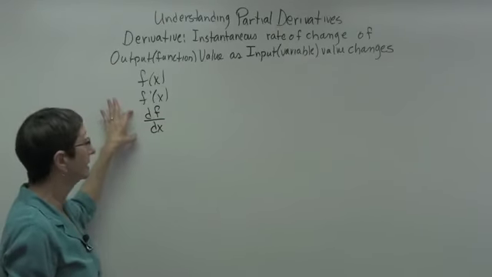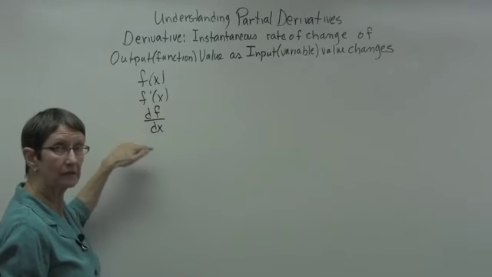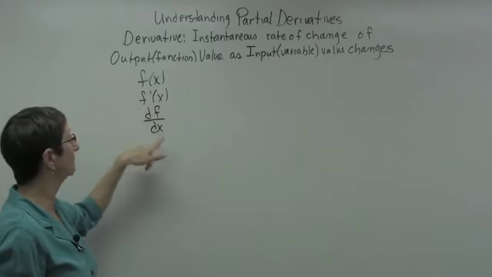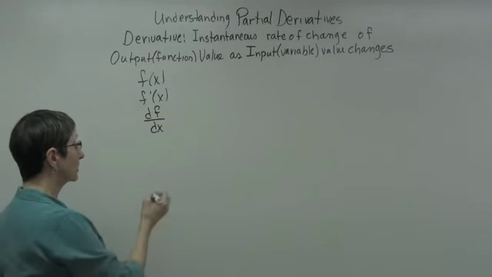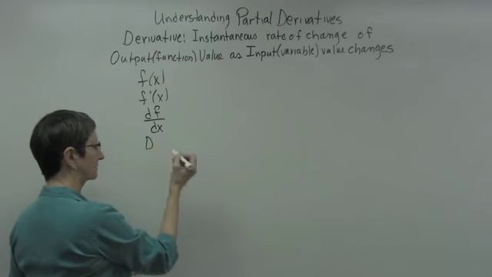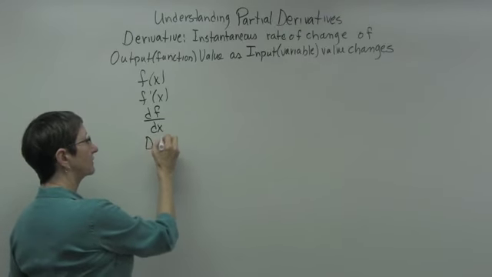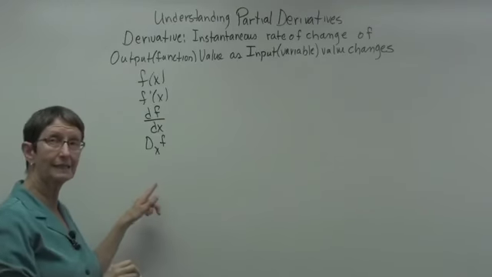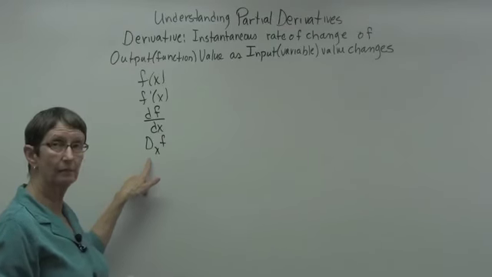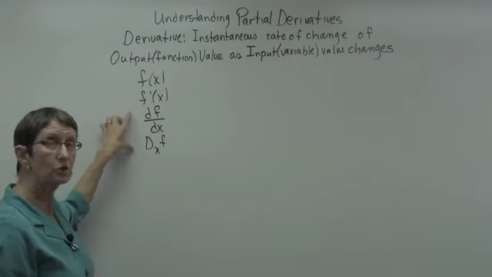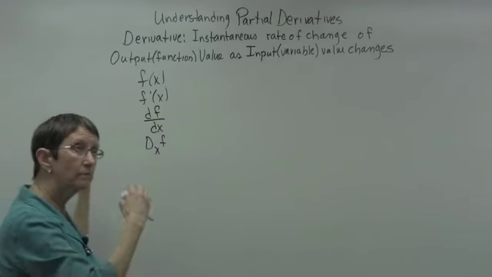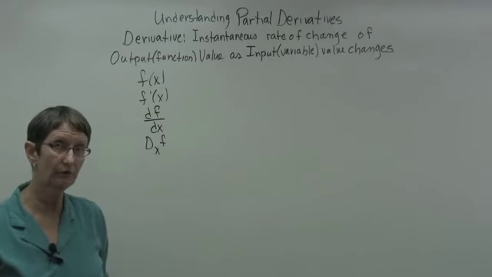We use this a lot, and it tells us the function is f and the variable is x. There's another notation we don't use as often, the derivative of f with respect to x, where x is a subscript. And we do use something similar to this. So these two notations are moving into the partial derivative.